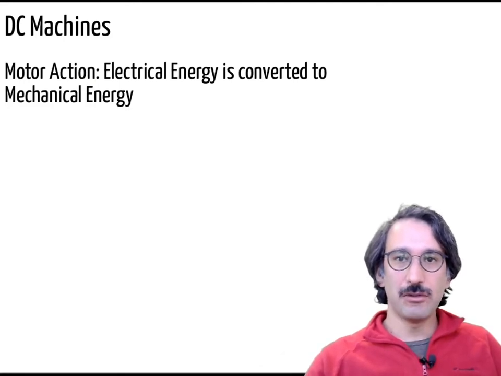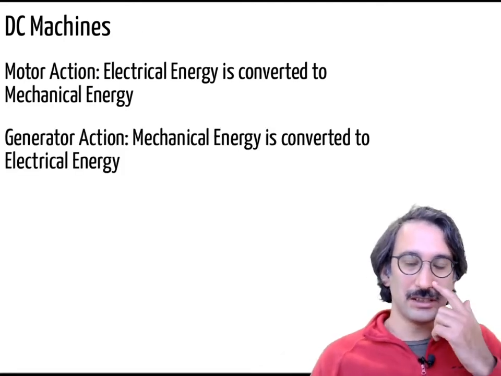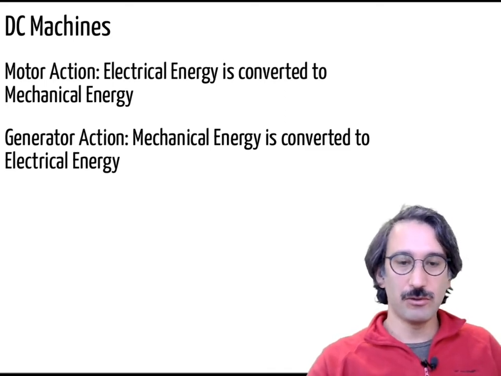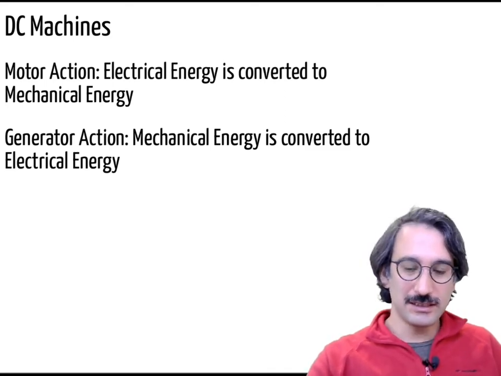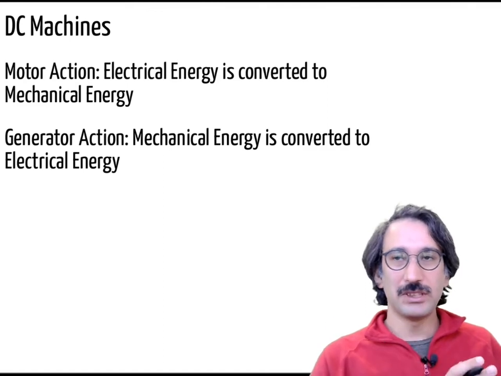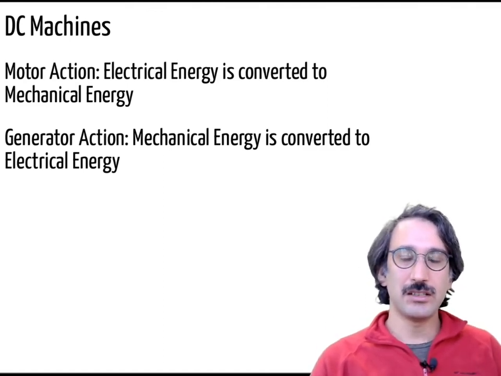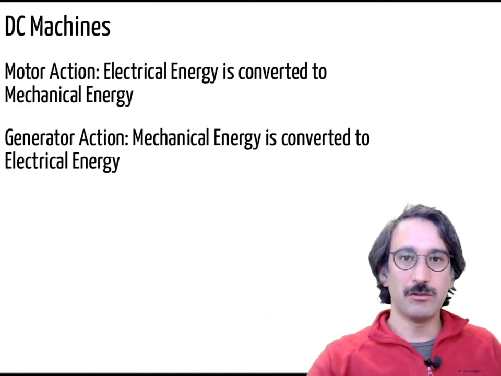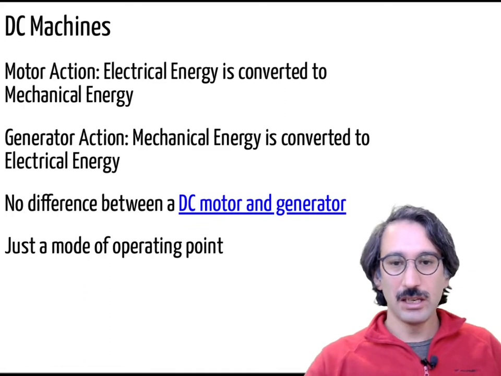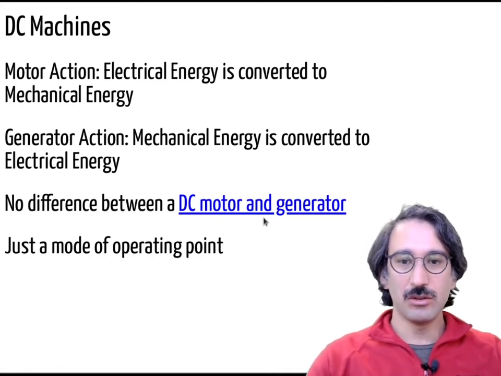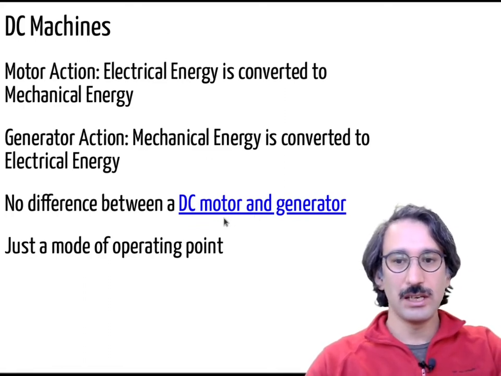However, if you are working in the generator mode, then mechanical energy is converted to electrical energy, and that is determined by the direction of the armature current, and the direction of the armature current is determined by the relation between terminal voltage and back EMF. So the important thing is there's no difference between a DC motor and a generator.